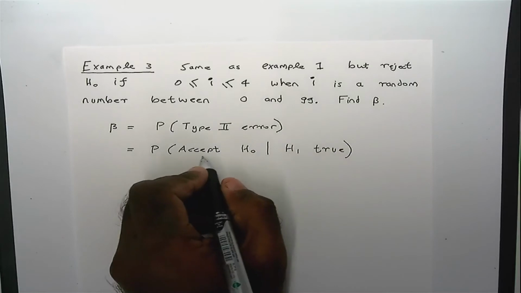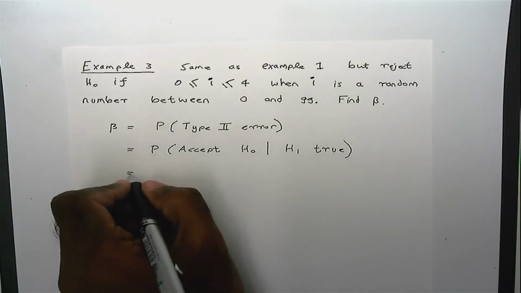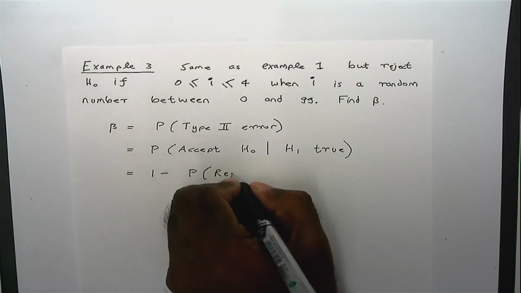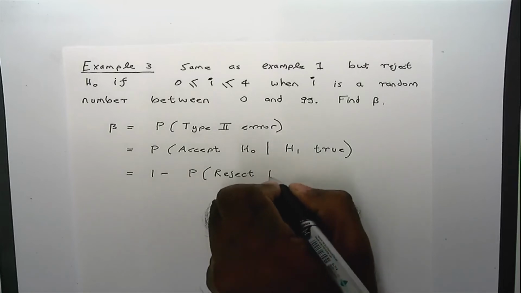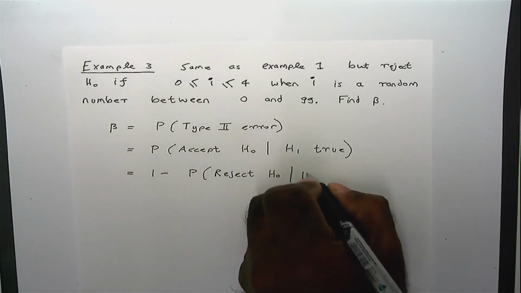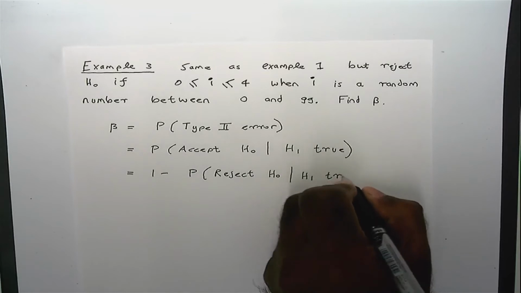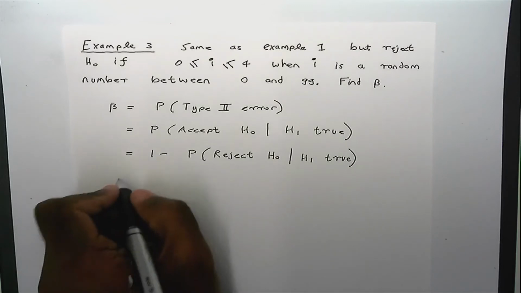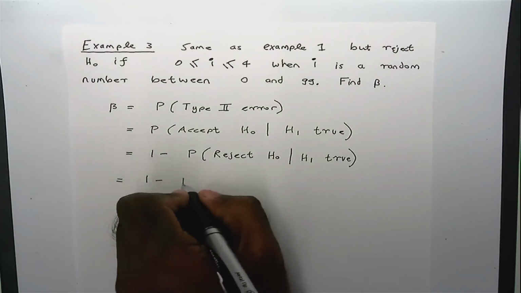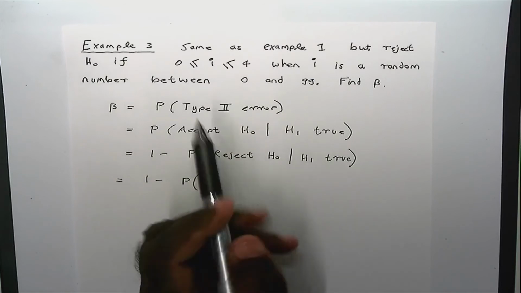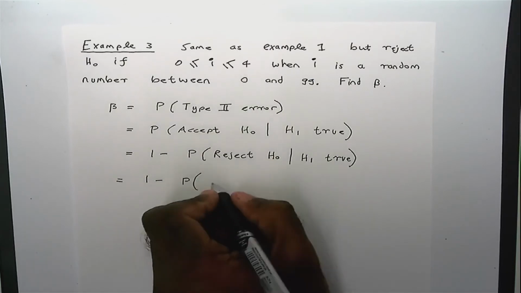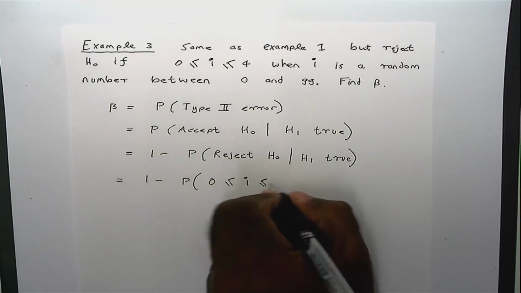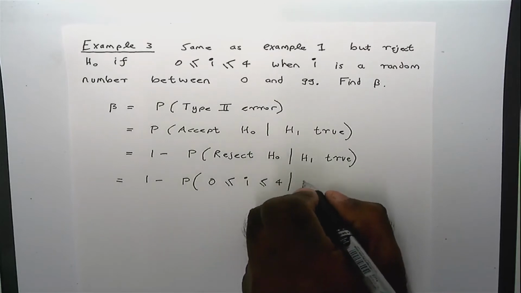Now accept is the opposite of rejecting, so you can write this as 1 minus the probability of rejecting H0 when H1 is true. Now this is the same as saying that this is 1 minus the probability we reject when I is between 0 and 4, when mu is greater than mu 0.